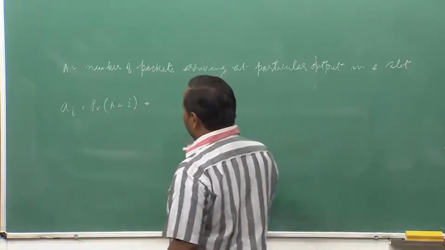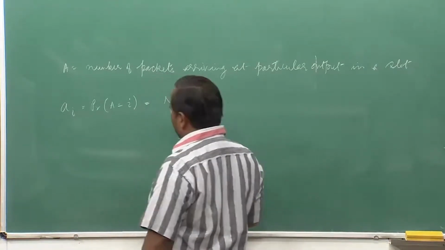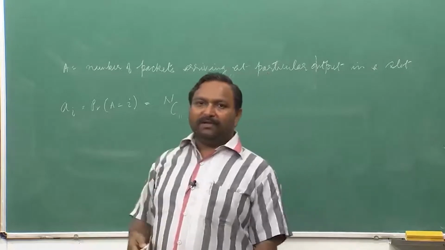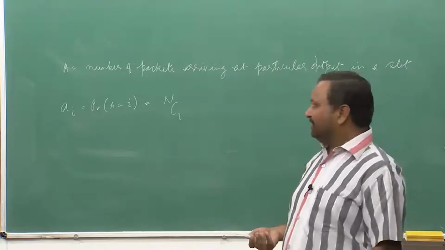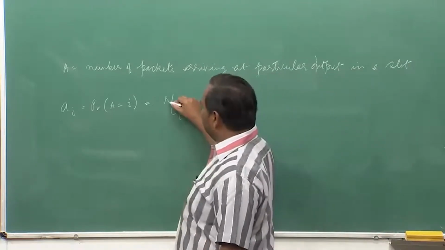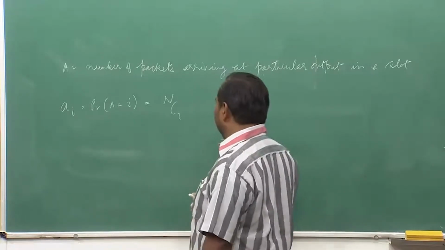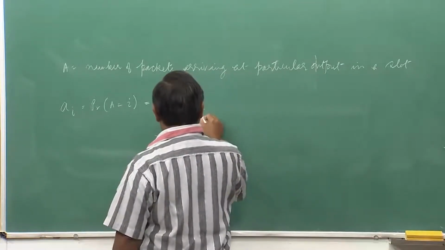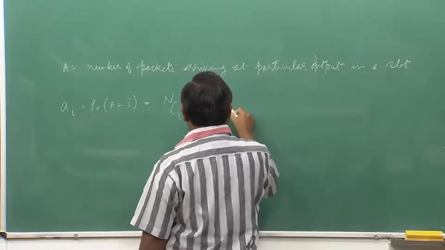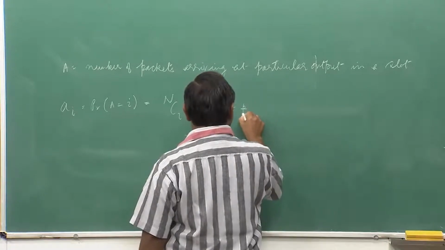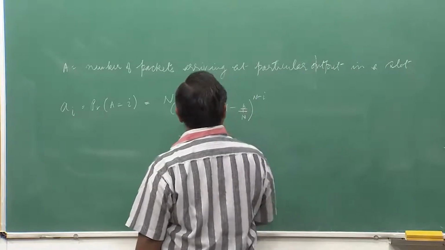This will be given by, because there are n inputs, out of which i of the inputs will be having packets directed to this particular output, then only you can get i packets. This can happen in nCi ways, n factorial by i factorial by n minus i factorial, and p by n is the probability that the i packets will be directed, and 1 minus p by n will be the probability that packets will not be directed.